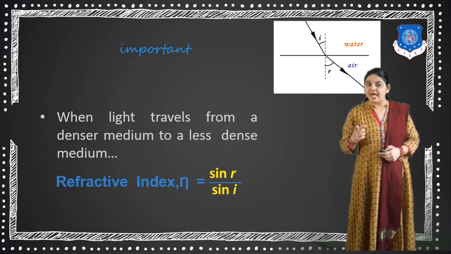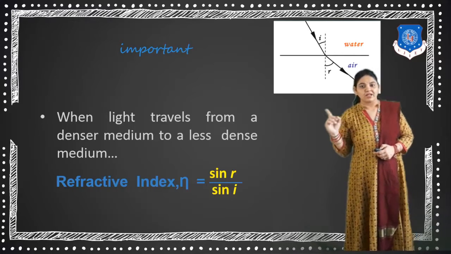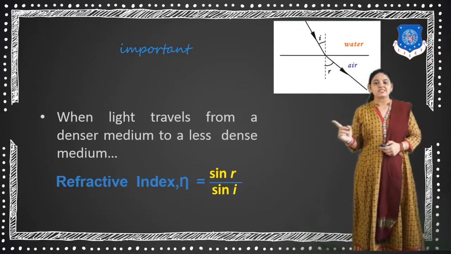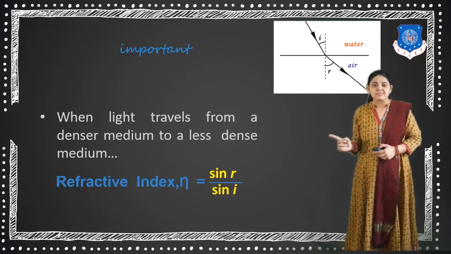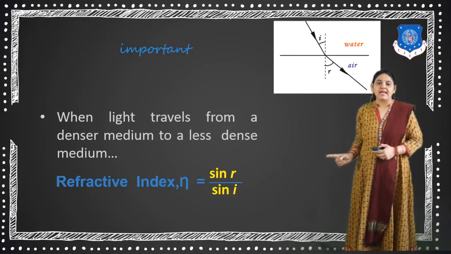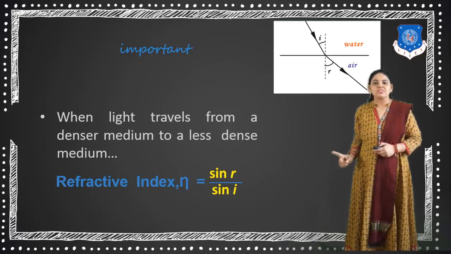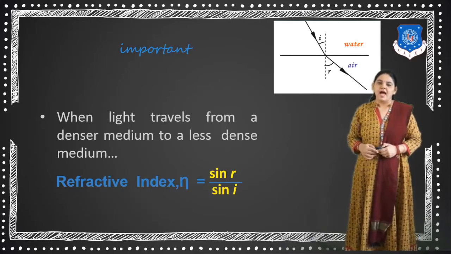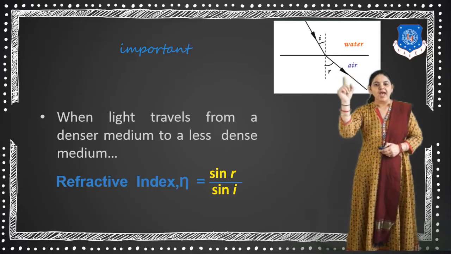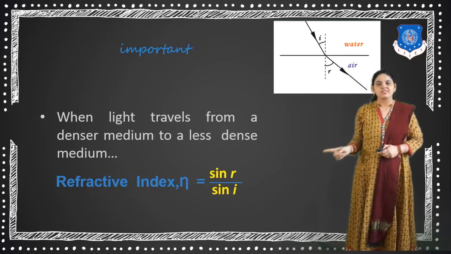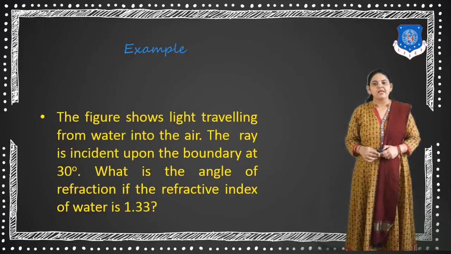But the reverse happens when light travels from a denser medium to a less dense medium: the refractive index eta is equal to sine r upon sine i. So water to air, the equation is sine r upon sine i.